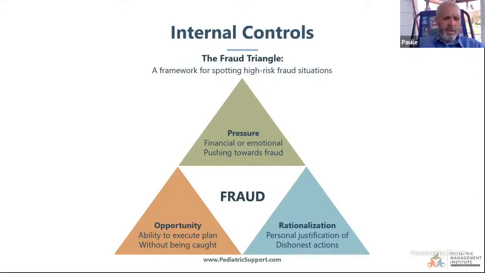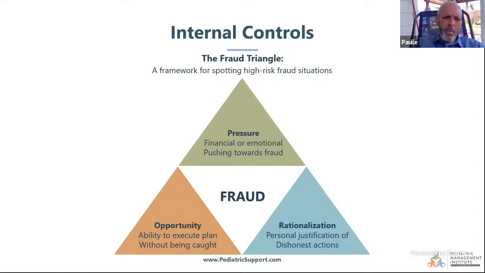Basically the theory is that there are three components that really drive the fraud. One is people feel the pressure to steal money from you. Second, they see an opportunity, such as, hey, I'm just going to write checks to myself because nobody's checking on anything. Third is rationalization. Somehow they justify stealing money from the practice or sending checks to people they shouldn't be as a way to resolve whatever pressure they're feeling.